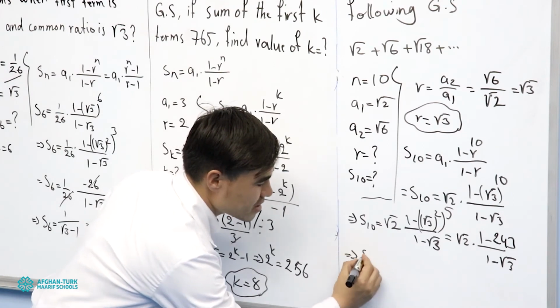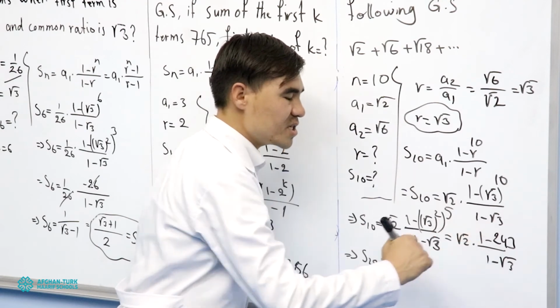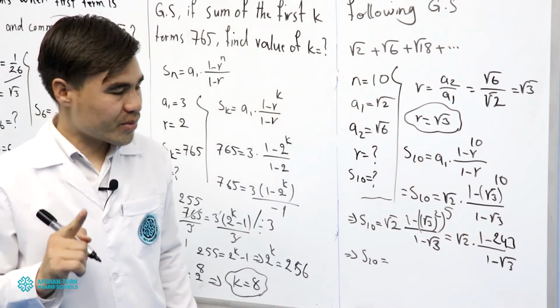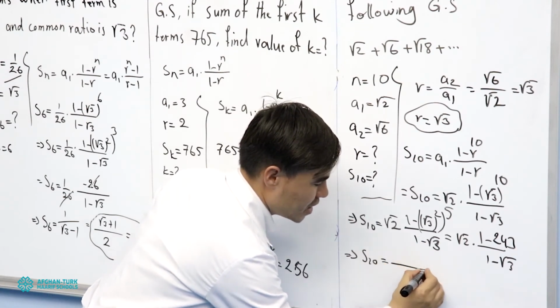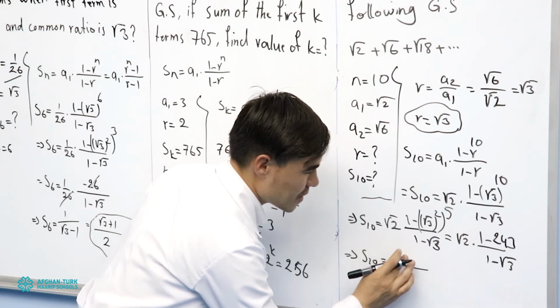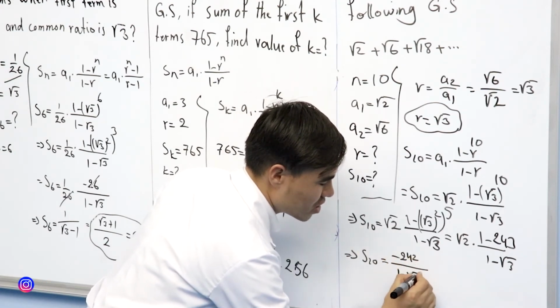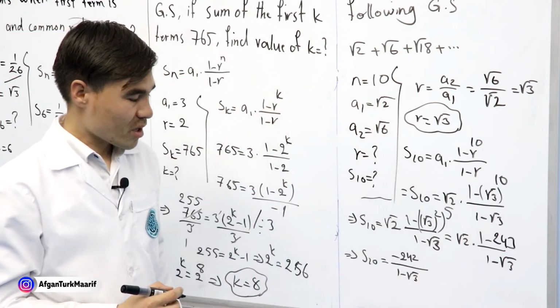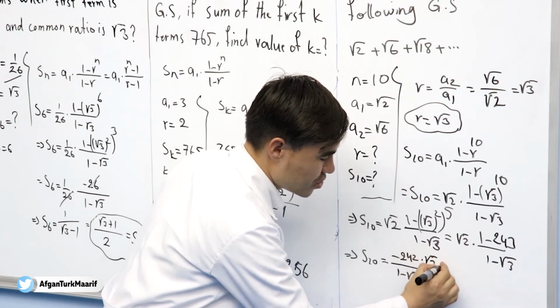Here, S10 is equal with what? 1 minus 243 will be negative 242, over 1 minus square root of 3, times square root of 2.